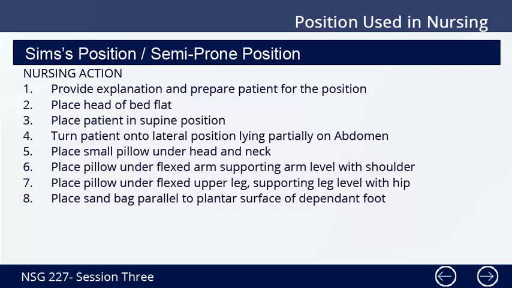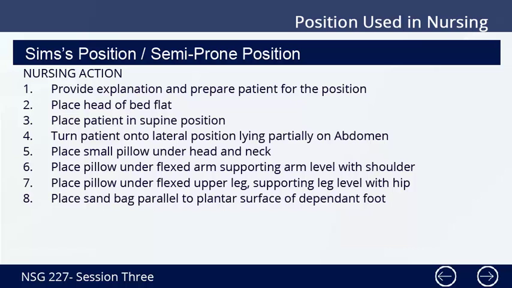Prevent internal rotation of shoulder. 7. Place pillow under flexed upper leg, supporting leg level with hip. Prevent internal rotation of hip, maintains proper alignment. 8. Place sandbag parallel to plantar surface of the dependent foot.